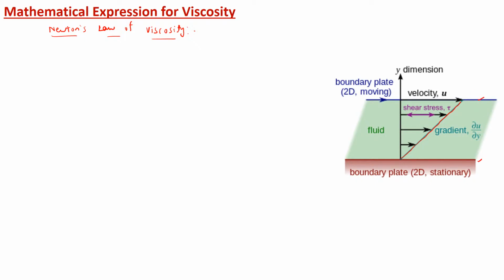The first plate is stationary and the other plate is the moving plate, and in between these two plates a fluid is present.